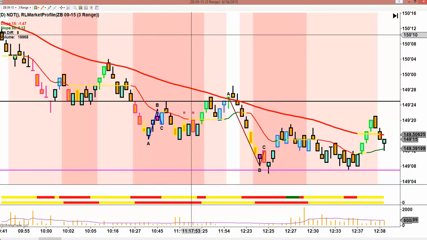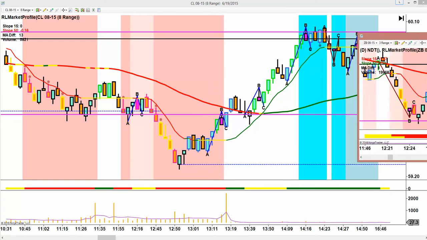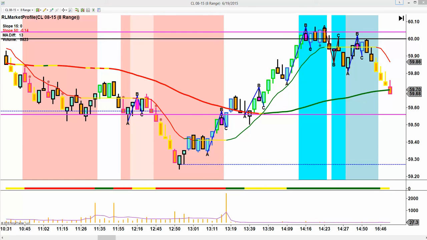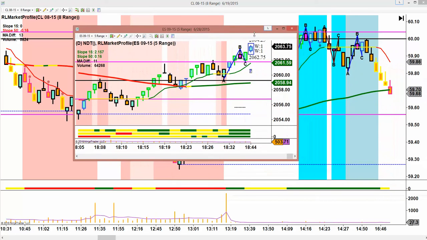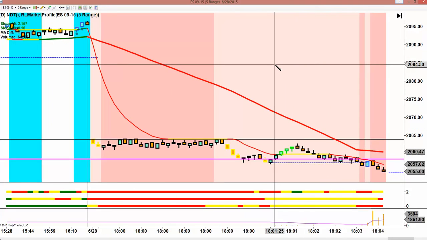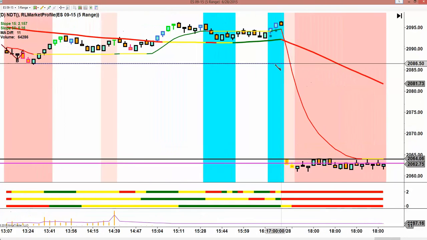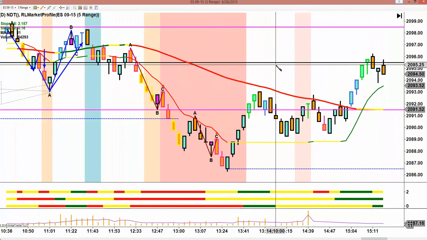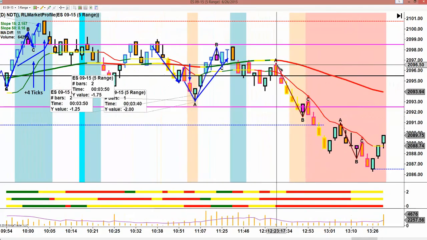And I'll just show you very, very quickly the ES. The ES has 3 quant lines because we've got an enormous number of correlative markets there. And it's basically very, very similar to bonds.